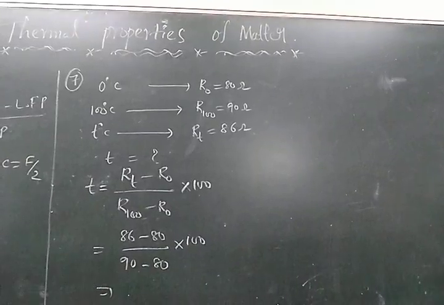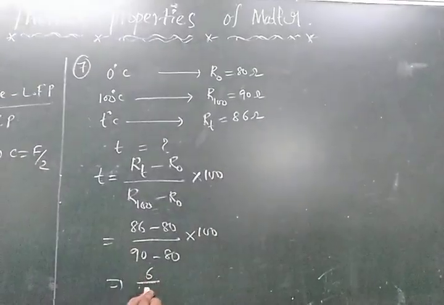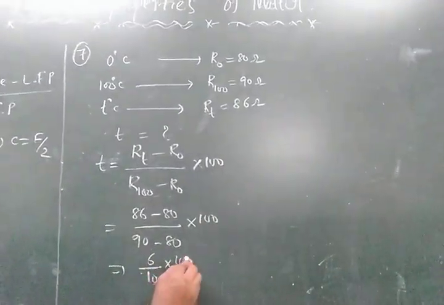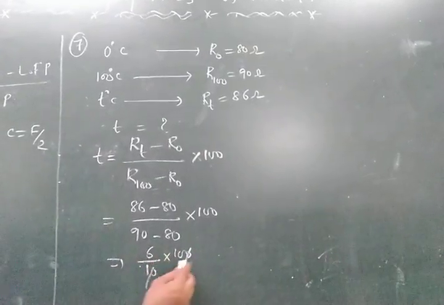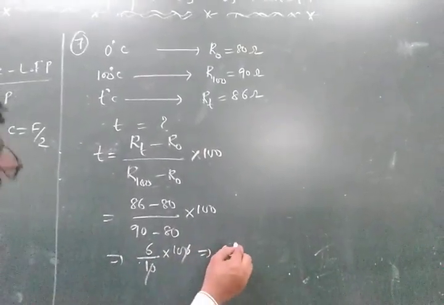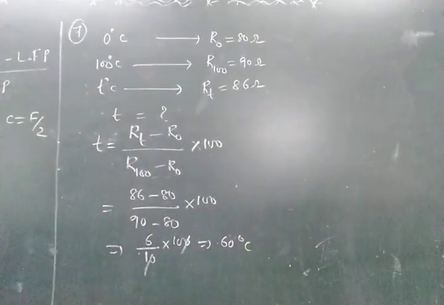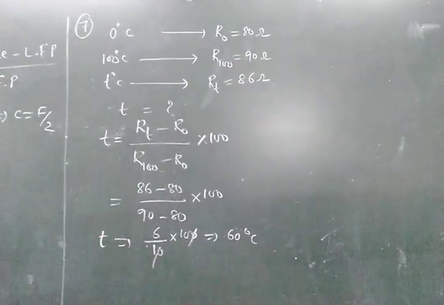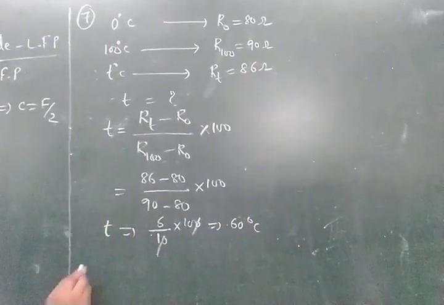That is 6/10 × 100, and cancelling 10, the temperature is 60 degrees centigrade. Next is the 12th question.